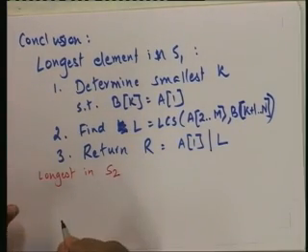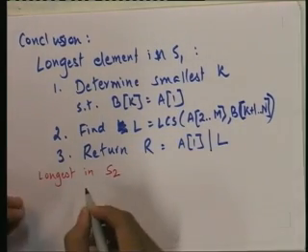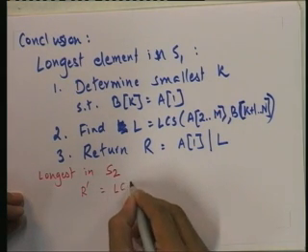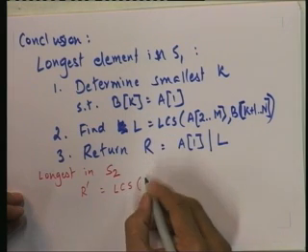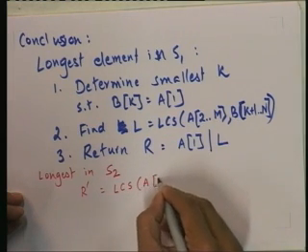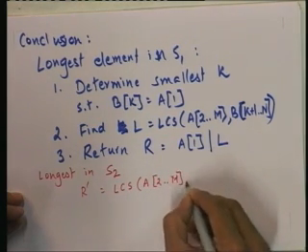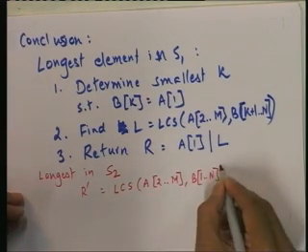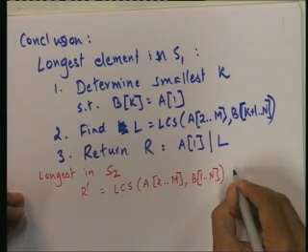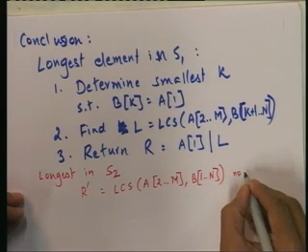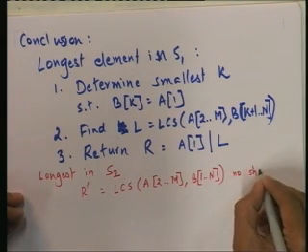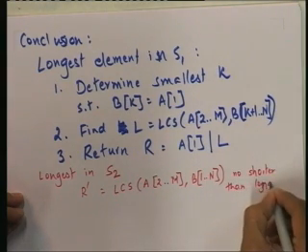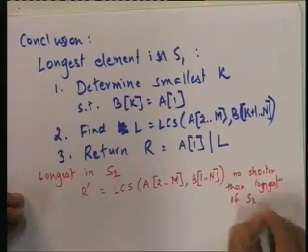I claim that I am going to define R prime equal to LCS of A of 2 through M, B of 1 through N. This will be generated by a recursive call, and this is no shorter than the longest of S2.